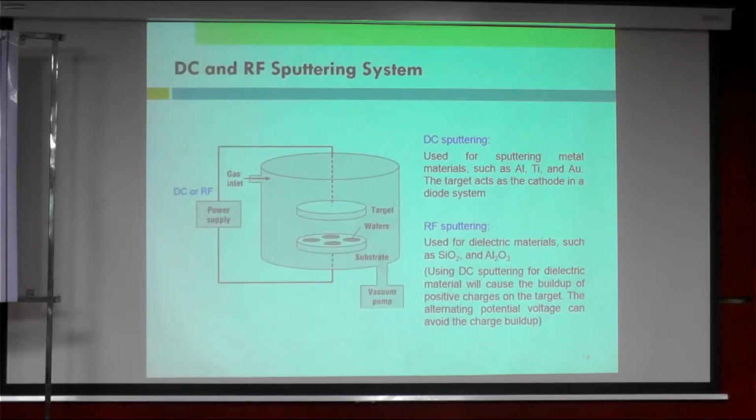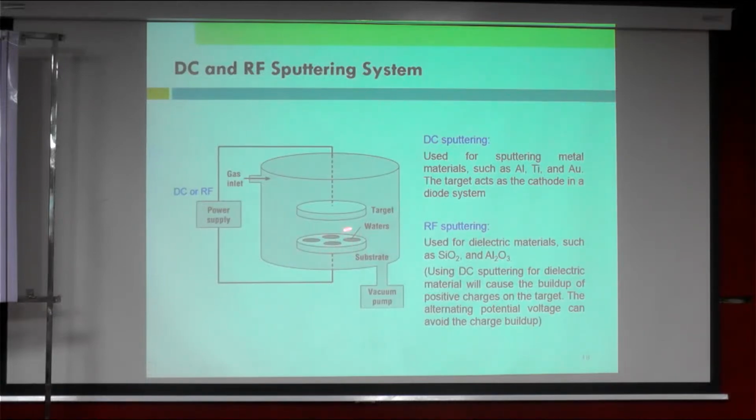So there are two types of sputtering system. One is called DC, one is called RF: direct current and radio frequency power for the sputtering. DC sputtering is used for sputtering metal materials such as aluminum, titanium, and gold. The target acts as the cathode in the diode system.